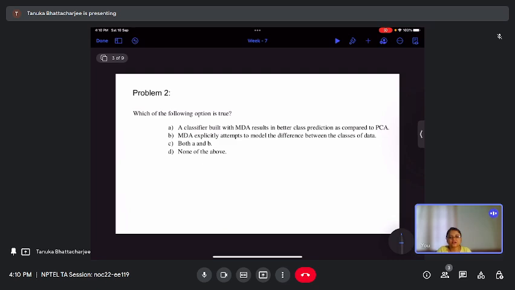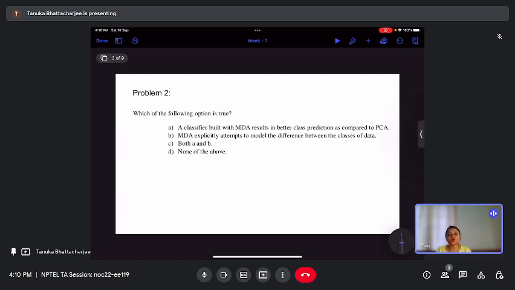As you will already understand from all the previous discussions, this is indeed true, because when you apply PCA to obtain the projections of different data points, you just try to find the best representation in terms of the minimum squared error in the projected space.